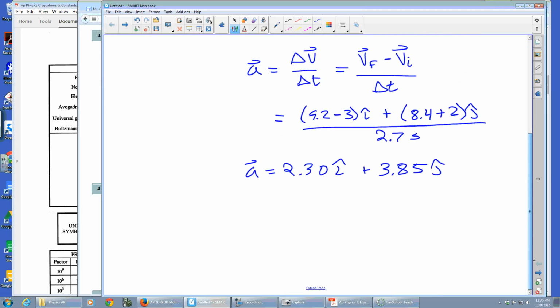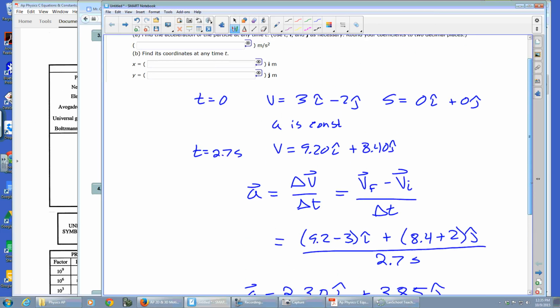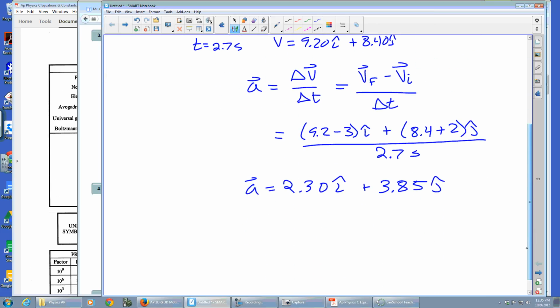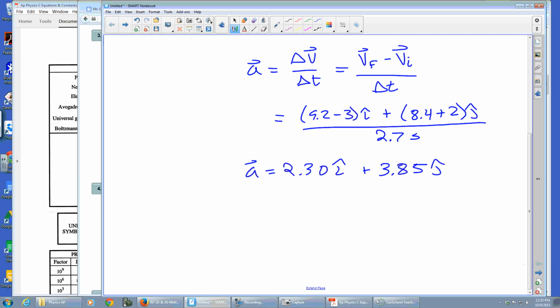Find the coordinates at time t. So now from this, I need to do the antiderivative to get back up to my position.